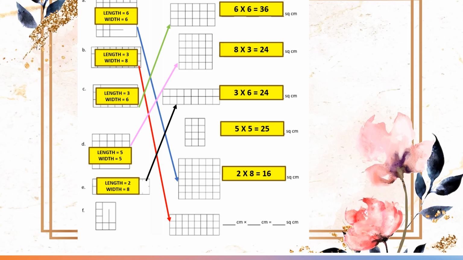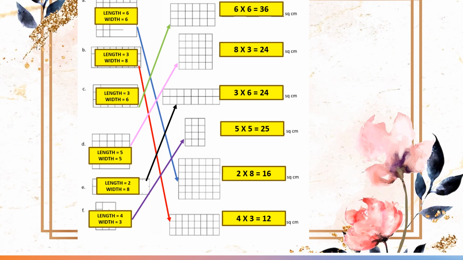And finally, we have array F, which the length was 4 and the width was 3. And our equation for this array was 4 times 3 equals 12. And we're going to draw a line from array F to the last array standing on the other side of the page, which is the fourth one here.